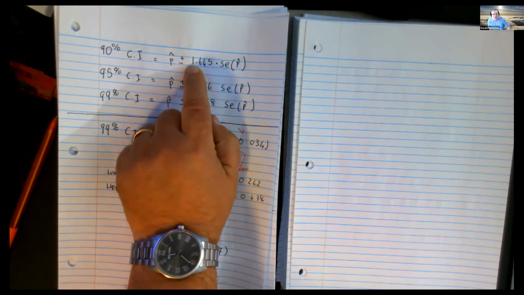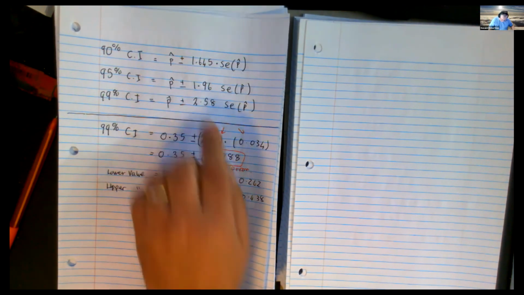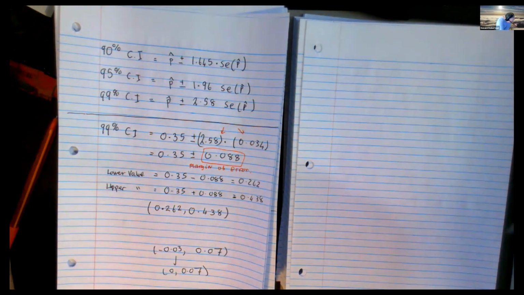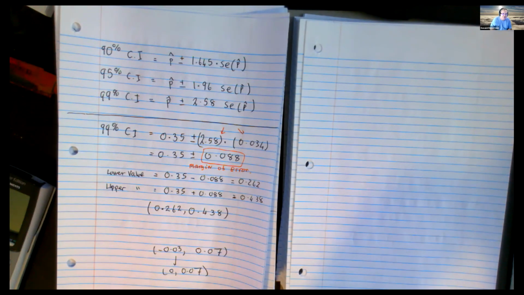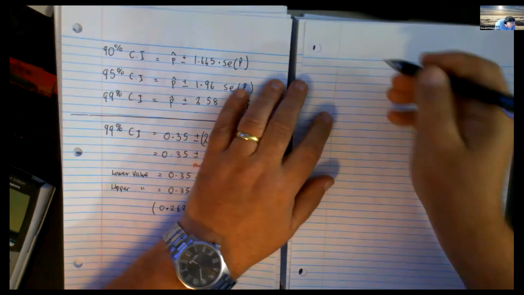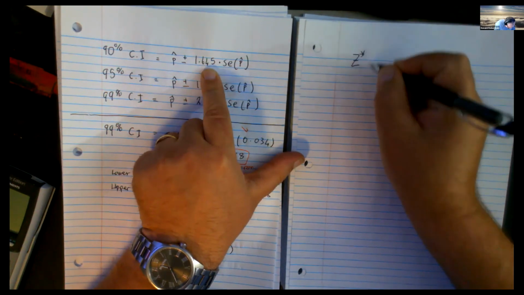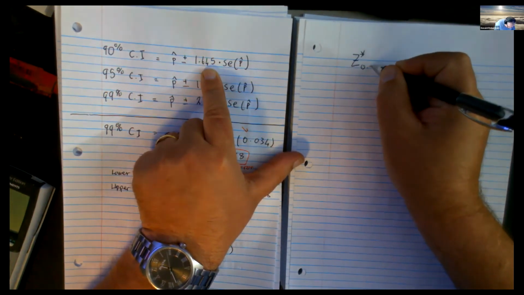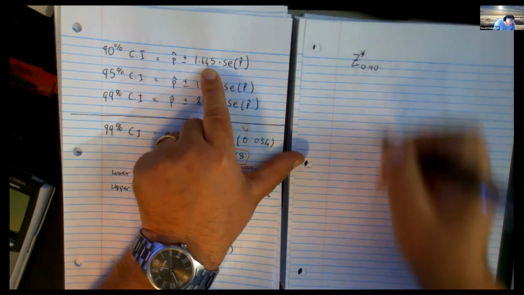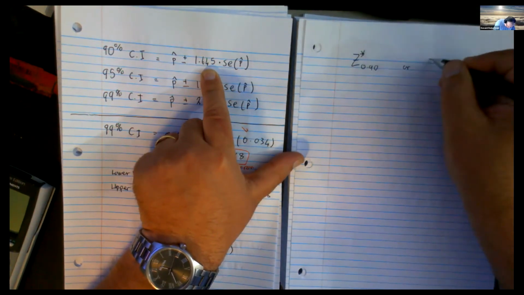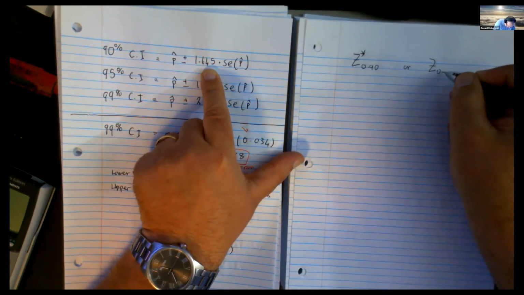Do you see these magic numbers here? They are called Z star. In fact, they are called a very specific version of Z star. That number there is called Z star 0.90, or in other textbooks, they don't put a star on it, they just call it that.